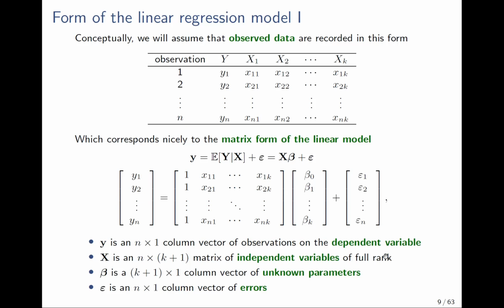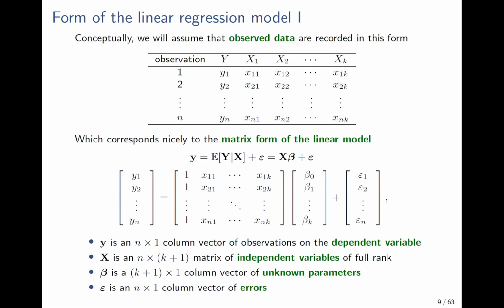Now, the reason we're going to make that assumption is that, in order to calculate the least squares estimate of this parameter vector here, we're going to have to invert a square matrix. And this square matrix is the product of x transpose times x. I'll show you in a minute why that ends up having to be the case. But in order to invert a square matrix, as you know from matrix algebra, the matrix must be non-singular.